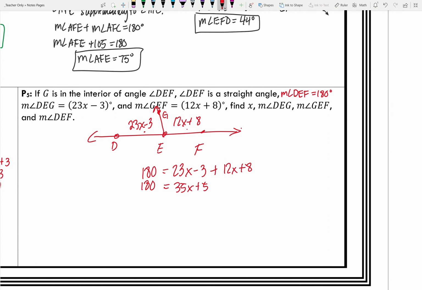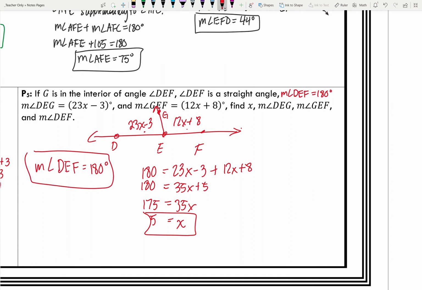Subtract 5 from both sides. 175 is equal to 35x. So x is equal to 5. First I want to give you the measure of angle DEF. We know that because it's a straight angle, that's 180.